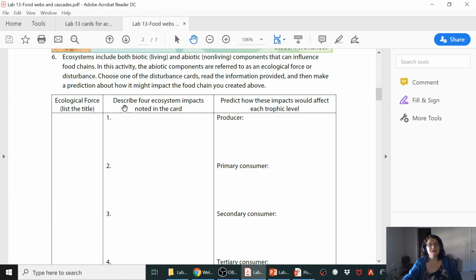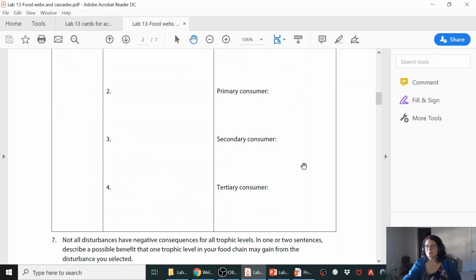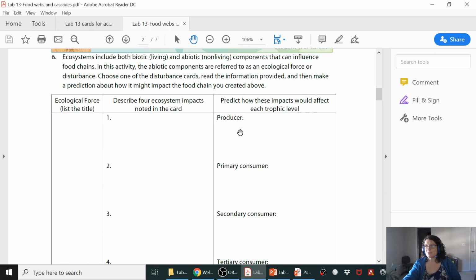All right. And then you have your ecological force, drought. The ecosystem impacts that are noted in the card. Write down in your own words what it says. Then the producer. Remember, if it's affecting the tertiary consumer or the secondary consumer, it might impact the producer, might improve the producer, or it might decrease it.